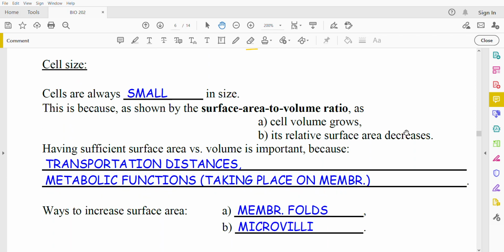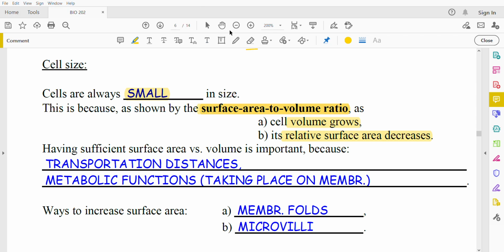So what we learned in this chapter was that cells are always small in size. The explanation you were provided for the small size of cells was related to the surface area to volume ratio. I think how it was explained to you was that when the size of the cell grows, so the volume of the cell grows, its relative surface area decreases.